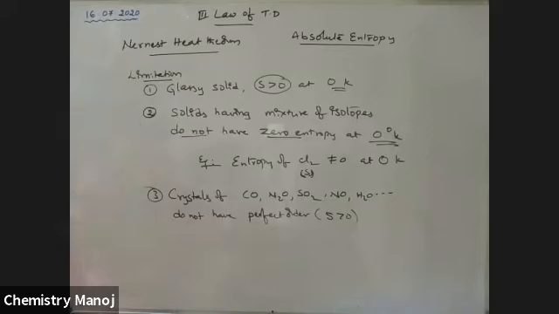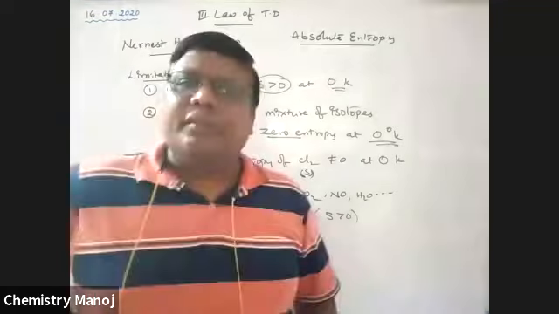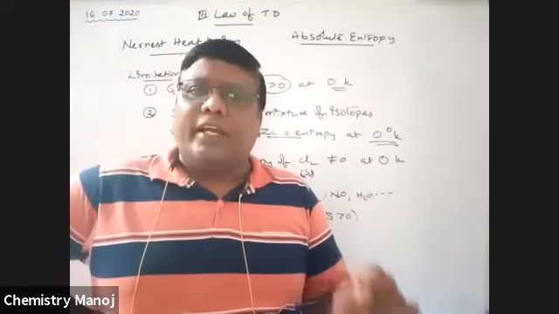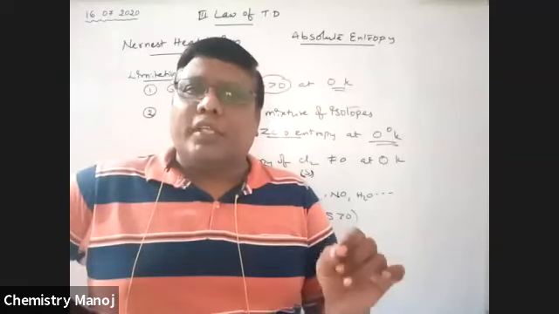So these are some limitations, my boys. These are some limitations in the Nernst heat theorem, that is the third law of thermodynamics. Very, very important. What is the third law of thermodynamics? The entropy of a pure and perfect crystalline solid at absolute zero is equal to 0.